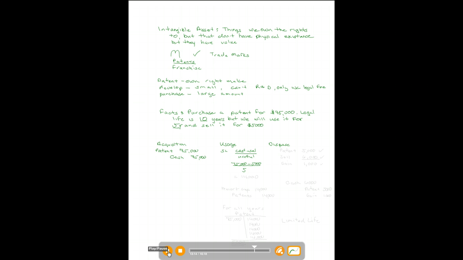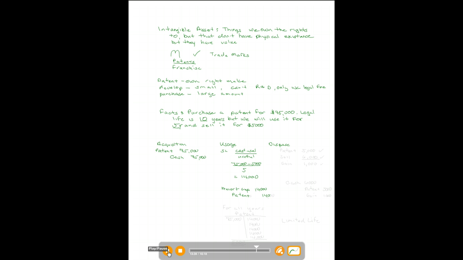And if you figure that out, that will give you the amortization expense of $14,000 a year. And that entry will look like this: amortization expense, $14,000. And remember, we don't go to accumulated amortization, though there wouldn't be anything wrong with that.